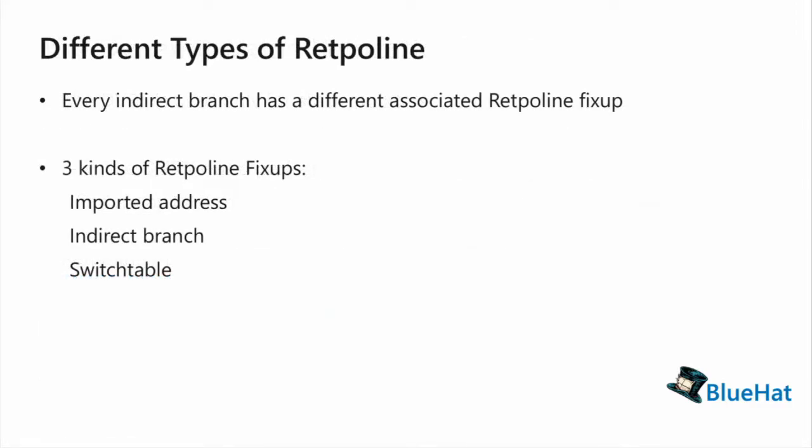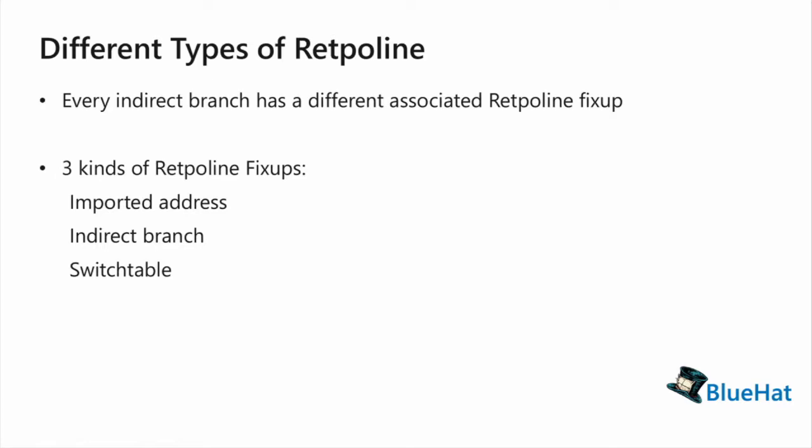After applying this to every indirect branch in the kernel, we identified three kinds of branches that we needed to take care of. The first are branches that happen through imported addresses. When a binary in the kernel needs to call a function in another binary, it uses an imported function: there is a pointer in the IAT, the import address table, and then we call that pointer. The second is indirect branches, which use a register, for example jmp RCX or call RCX.